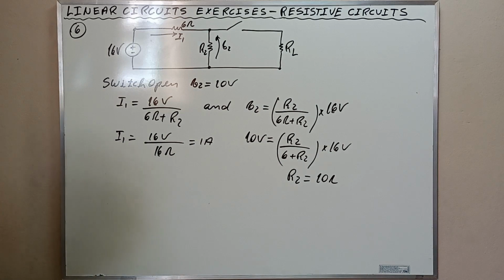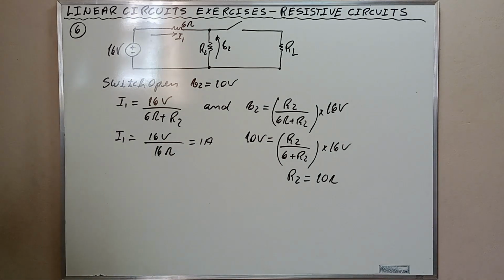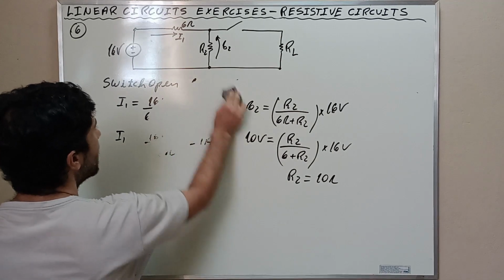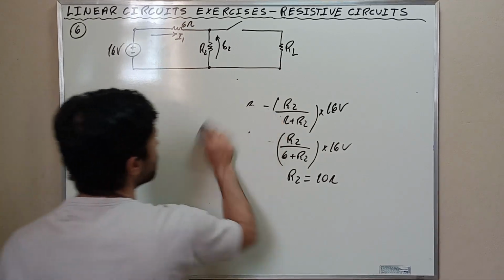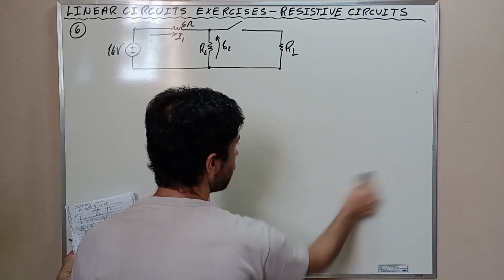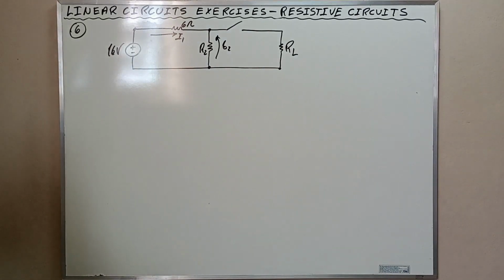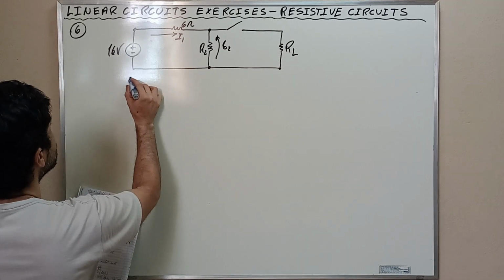Okay, my friends, now let's work with the second case, the case in which the switch is closed. Let me erase here for some room for the next calculation. Okay, let's analyze the case in which the switch is closed.